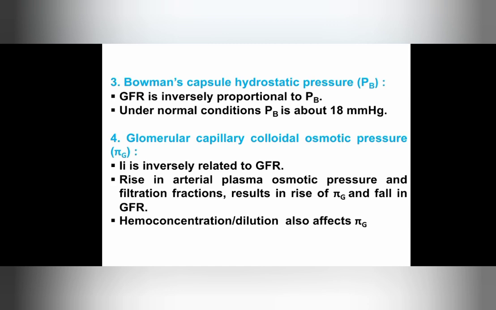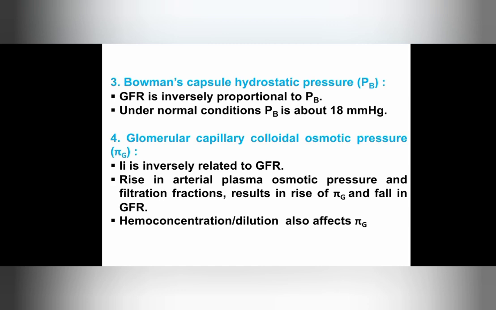Under normal conditions, this PB is about 18 mmHg. Increasing the hydrostatic pressure in Bowman's capsule reduces the GFR. However, changes in the Bowman's capsule hydrostatic pressure normally do not serve as a primary means for regulating the GFR.